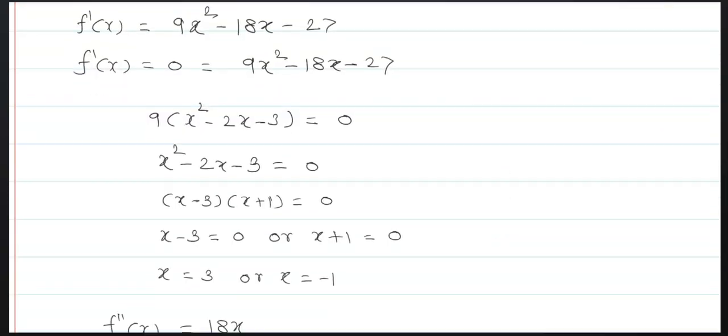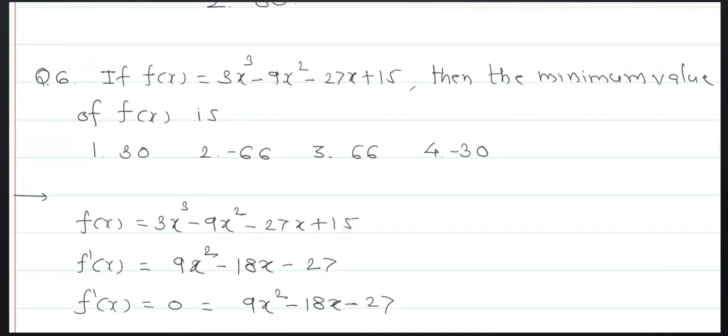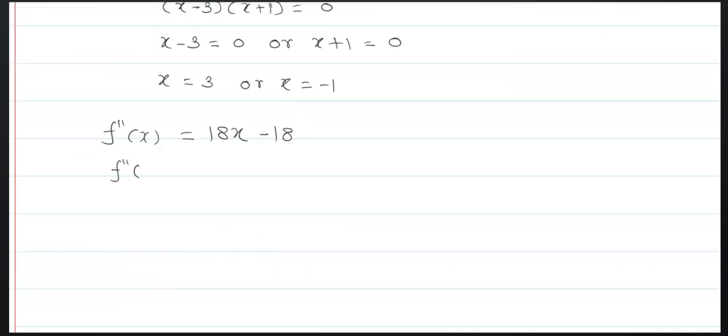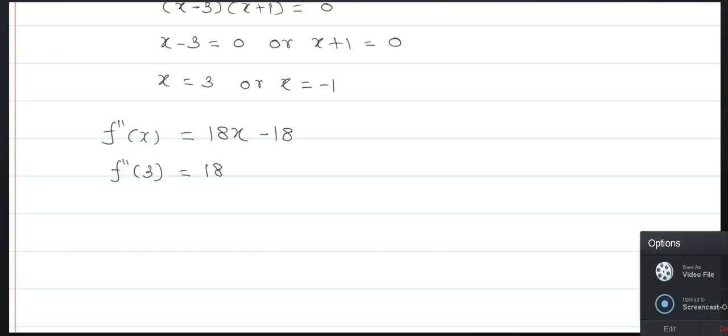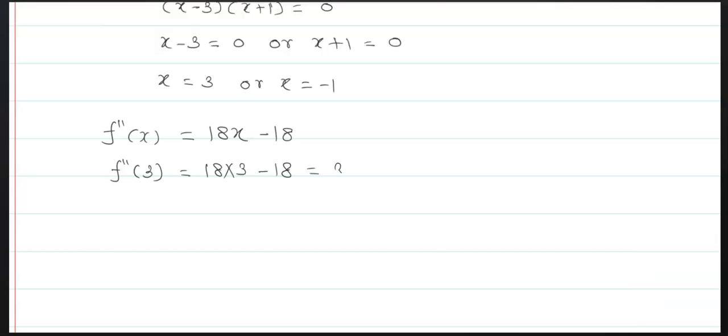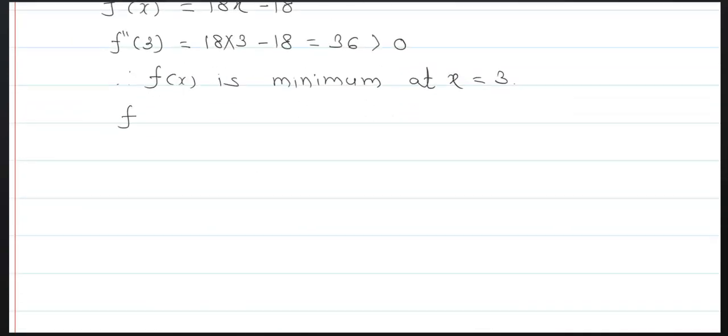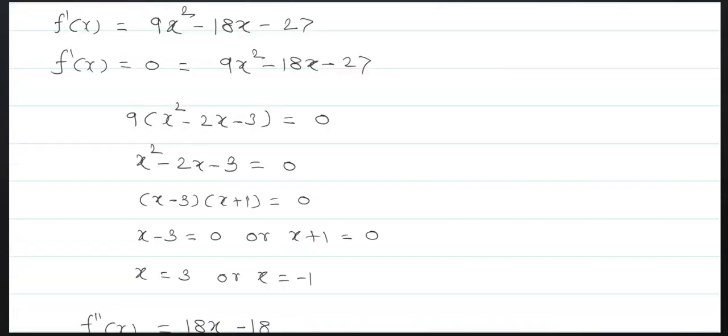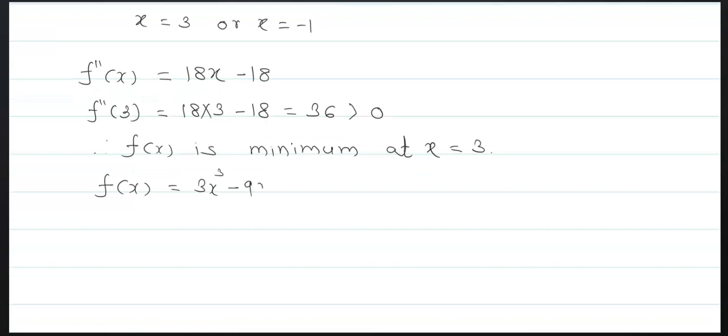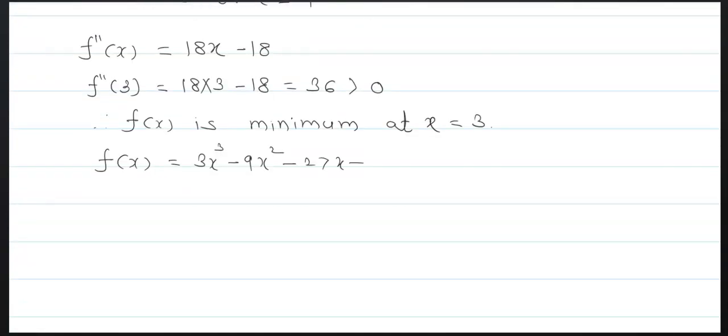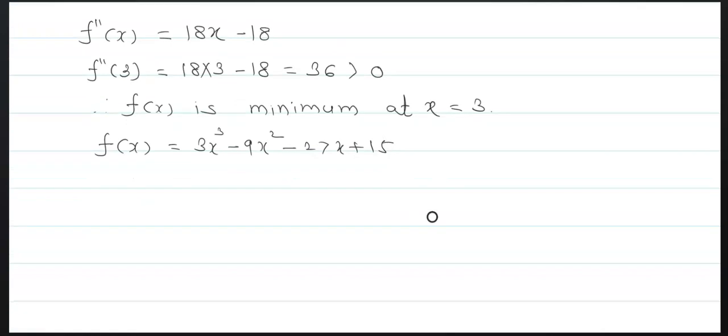Second derivative is 18x minus 18. And at the point 3, that is 18 into 3 minus 18, that is equal to 36, which is positive. F of x is a minimum at x is equal to 3. That is 3x cube minus 9x square, it's a minimum value. We'll find it out.